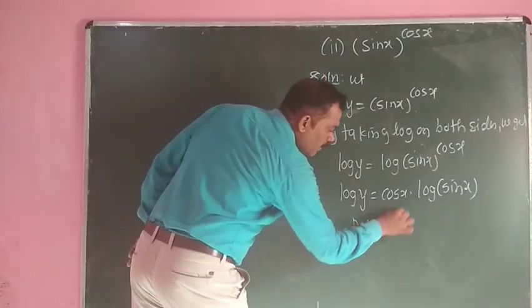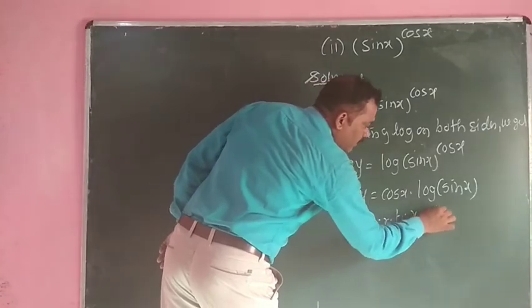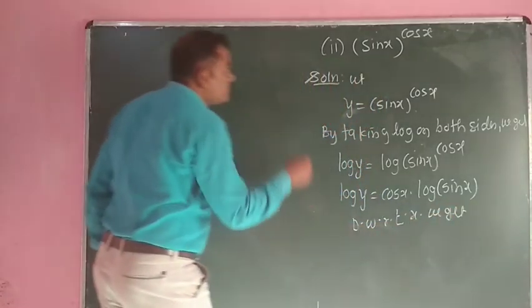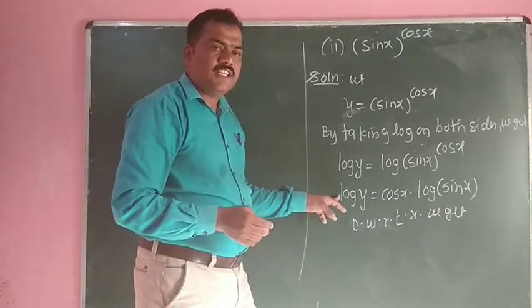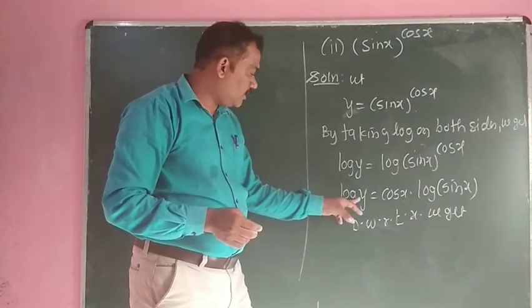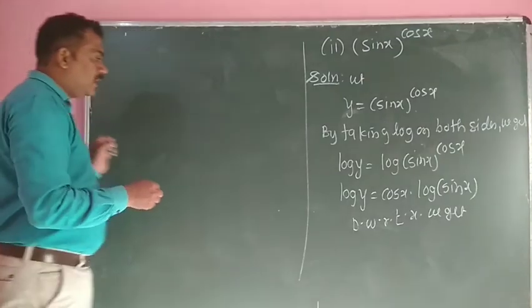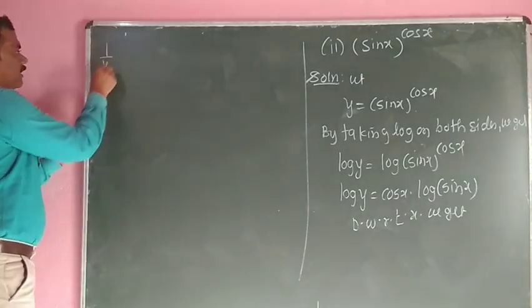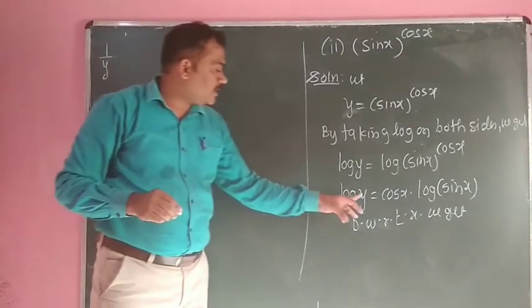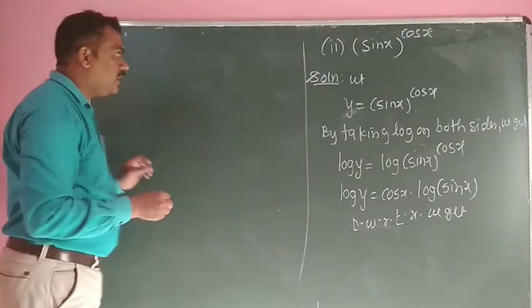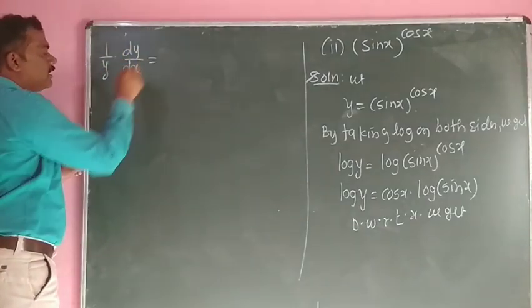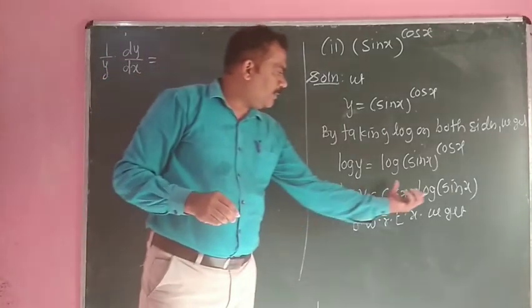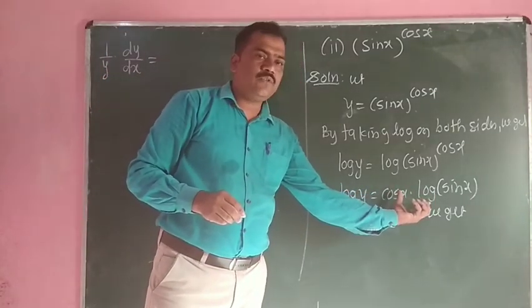Differentiating with respect to x we get, first we have to keep the finger on log. What is the derivative of log? 1 upon x. Instead of x we have to use y, that is 1 upon y into differentiation of this y with respect to x, that is dy by dx is equal to, here is a multiplication of two functions, so we have to use the product rule.